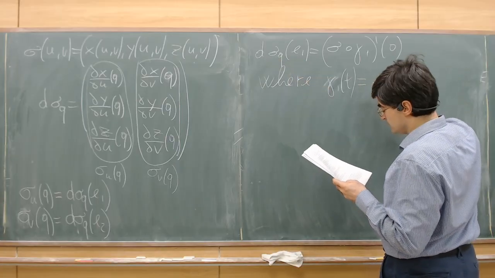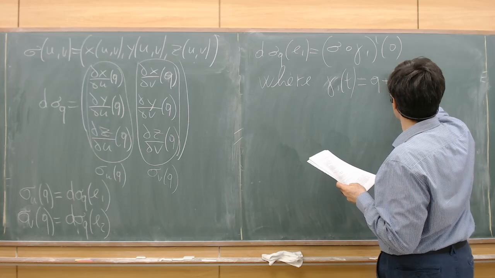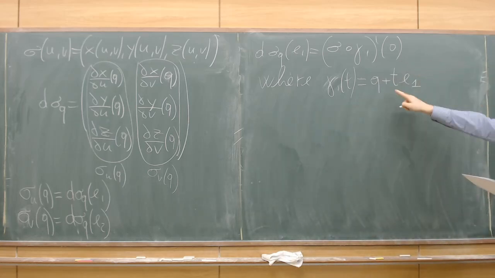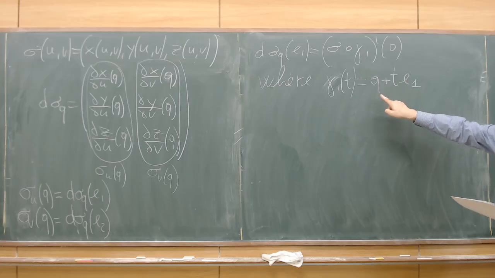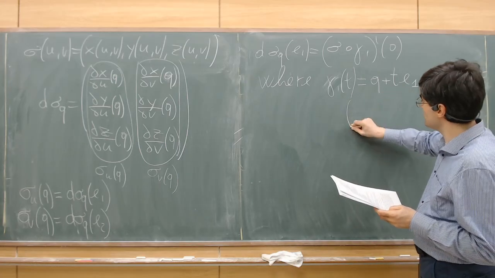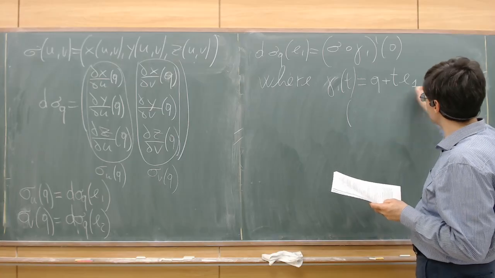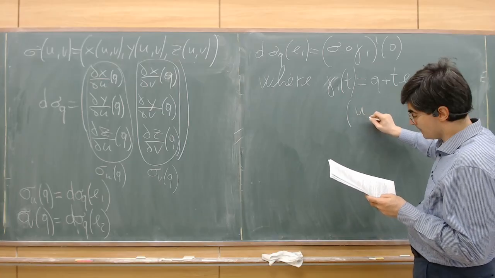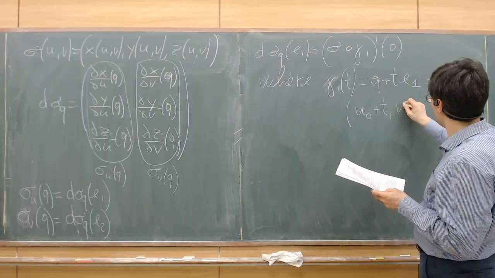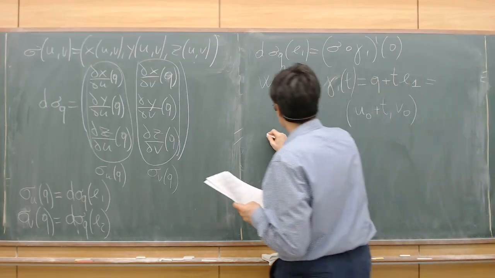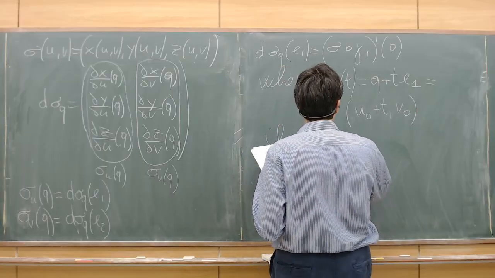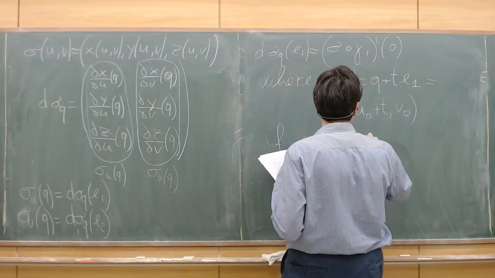So for example, q plus t e1. Now if we write this formula using the component notation, this is equal to u0 plus t, comma v0, if we assume that q is the point of components u0, v0.